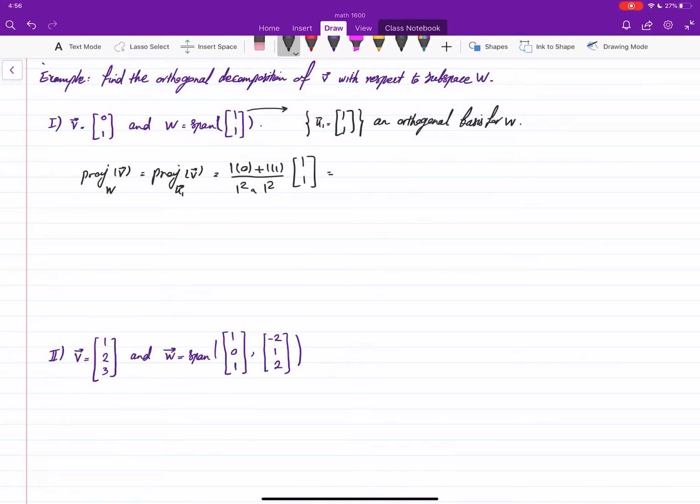As you see, this is one half times (1, 1), which is (1/2, 1/2). This is our vector w.